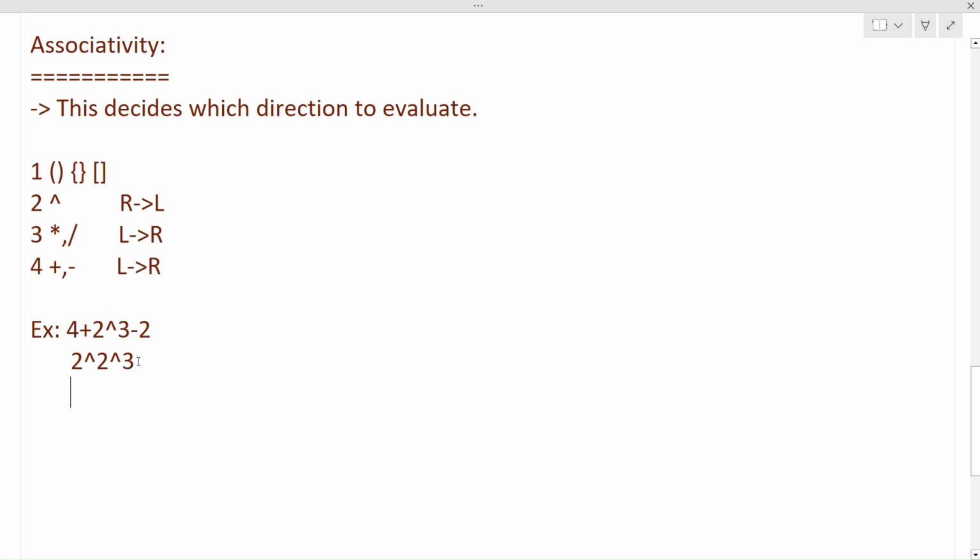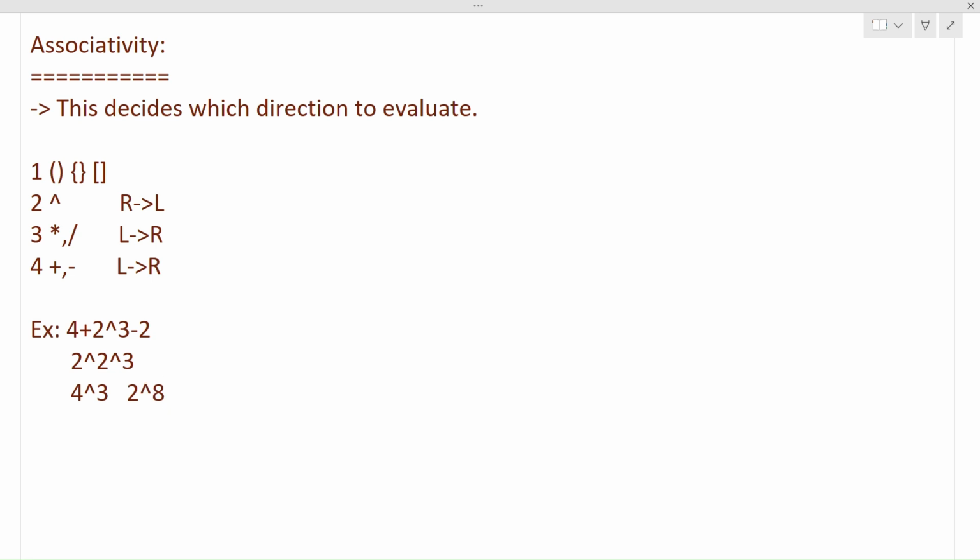Okay, 2 power 2 power 3 is the expression given, and as we all know the same operator is given. Then here we get confused, like which one to evaluate first. Like 2 power 2 is 4 and then power 3, this is one expression, and the next one is 2 power 3 first, that is 2 power 8.